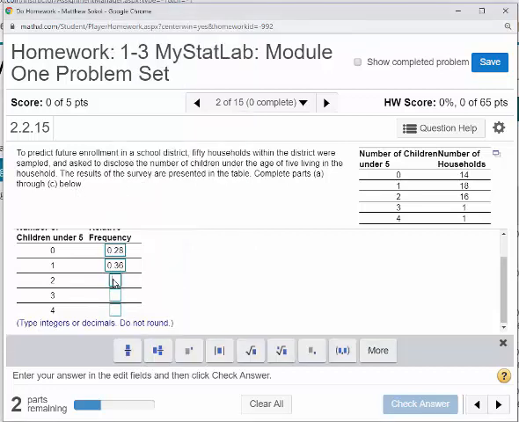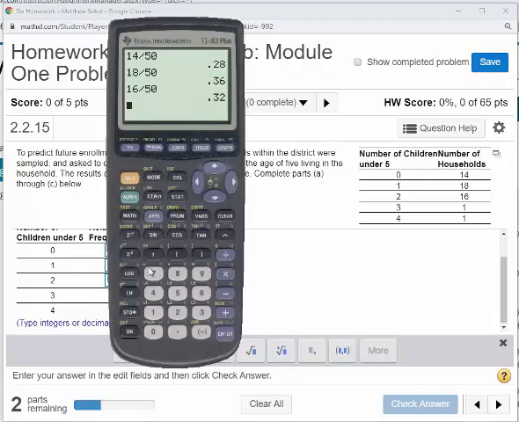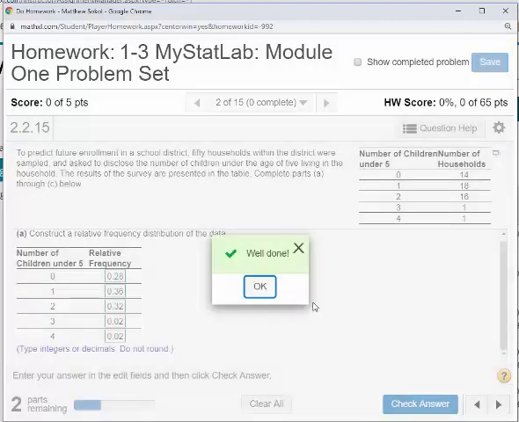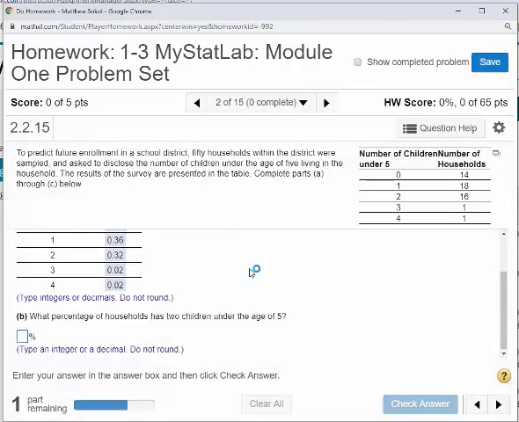Get 0.32. Finally, 1 divided by 50 is 0.02. And it's the same for the households that have 4 children under the age of 5. So let's see what we get here. Perfect, we got it. So to find the relative frequency, just take the frequency divided by the total.